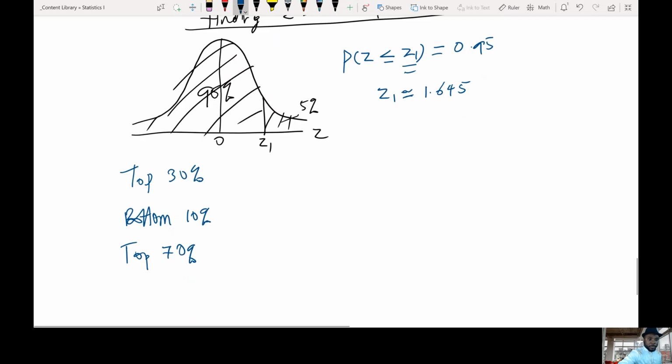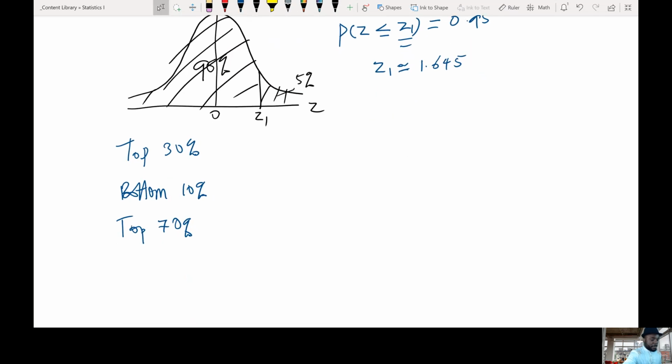What I'm saying here is when I say the top 30%, it means you have this distribution here, and the top 30% here is 0.3. If this is 0.3, it means that this area is 0.7. And all we're interested in is this z value. So what is that z value?